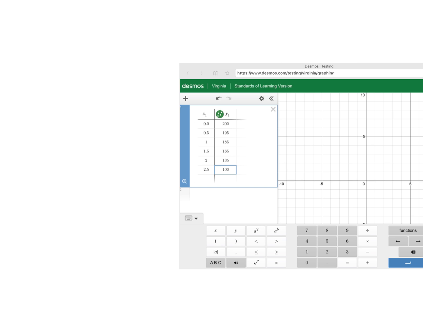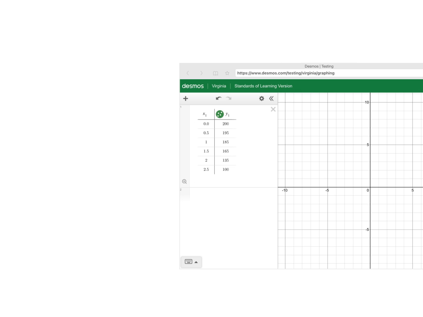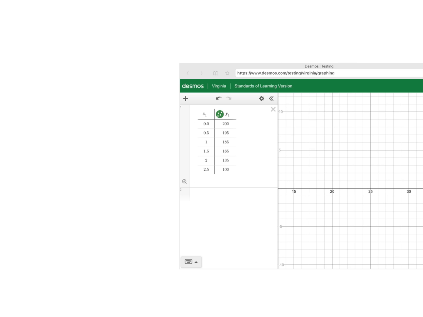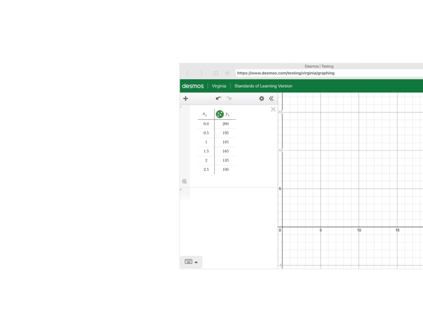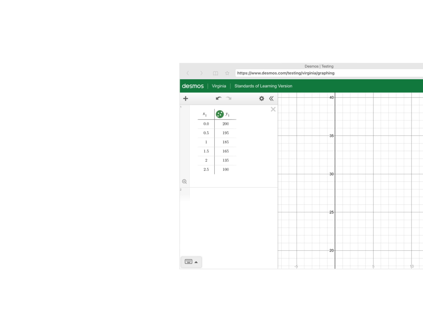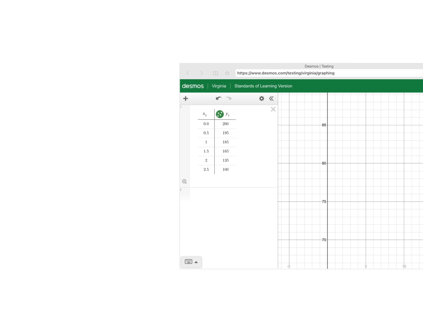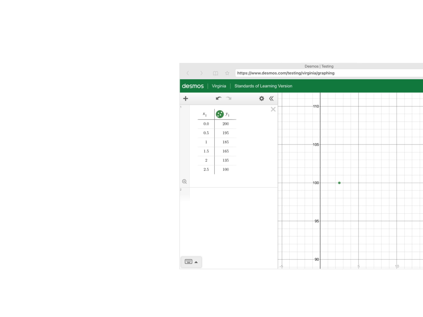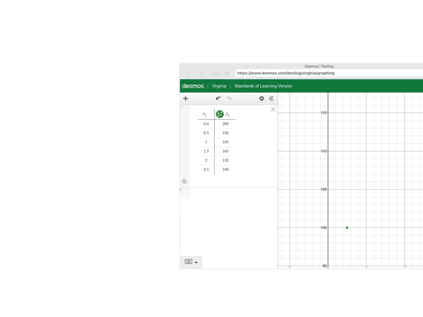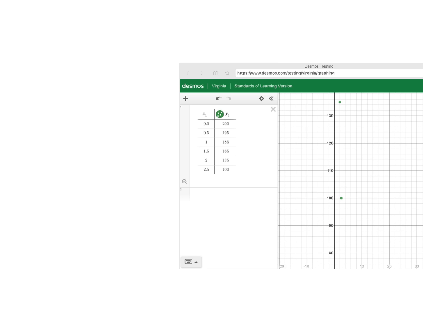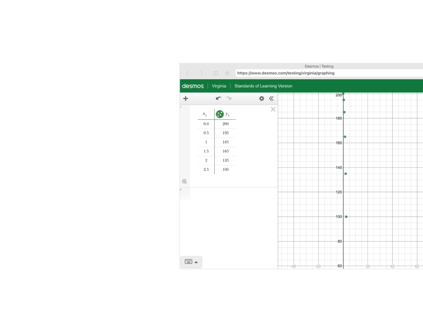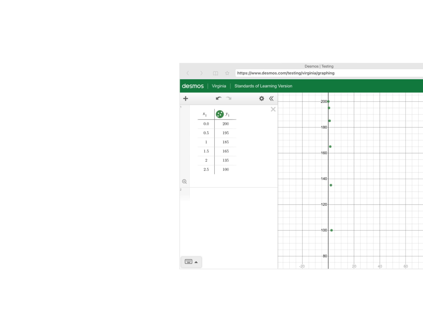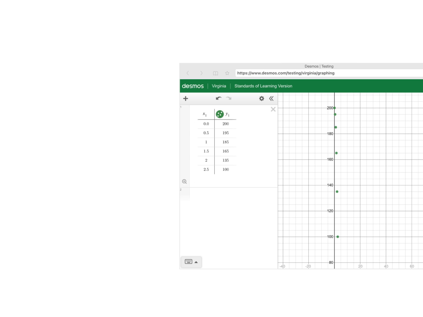All right, we should be able to see from this graph, if I move the graph over, we are going to see the points showing up. You have 0, 200. There is 2.5, 100. I'm trying to get them to show in a screen. And you would zoom that until you can see those ordered pairs.